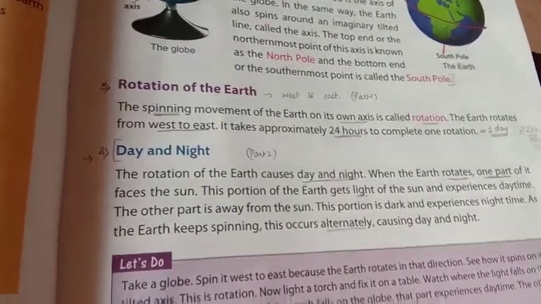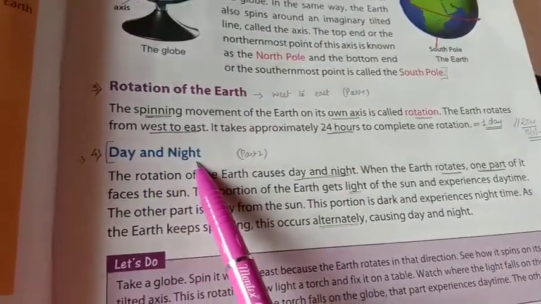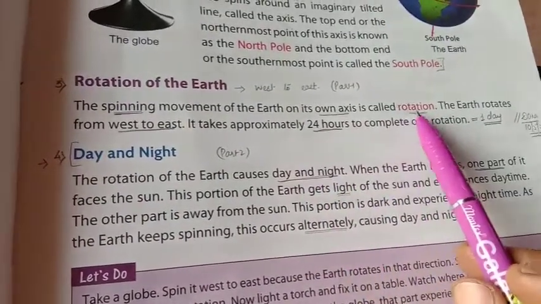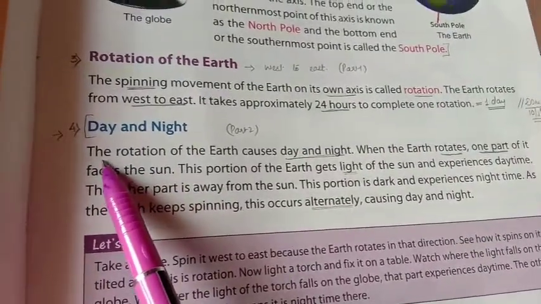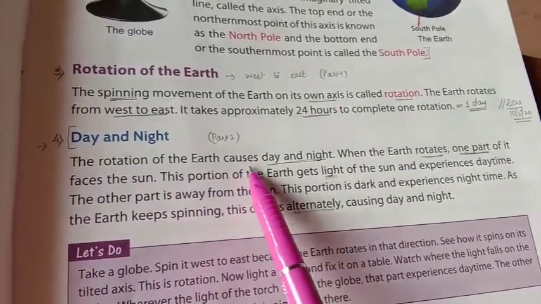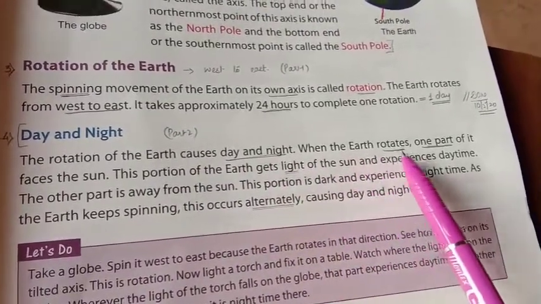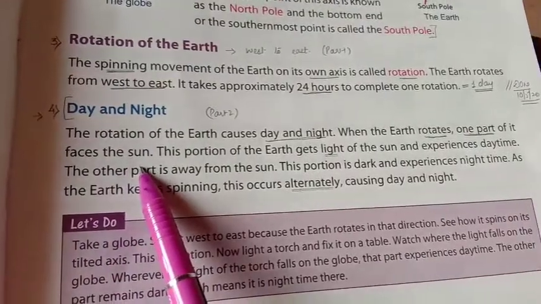Now proceeding further, day and night. So this spinning movement of the Earth, that is known as rotation, causes day and night. It's clearly written, the rotation of the Earth causes day and night. When the Earth rotates, one part of it faces the sun.